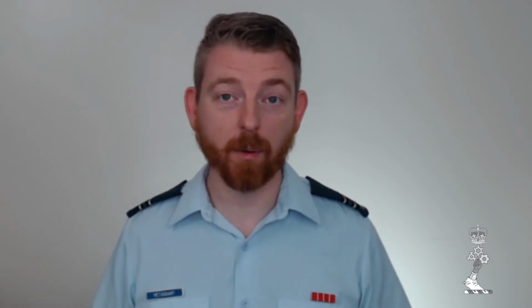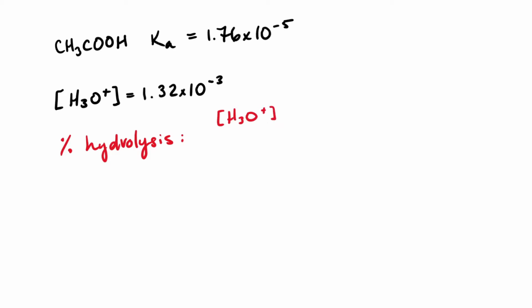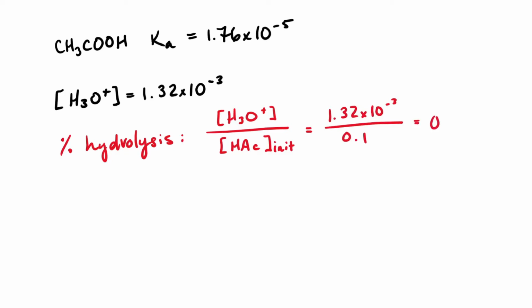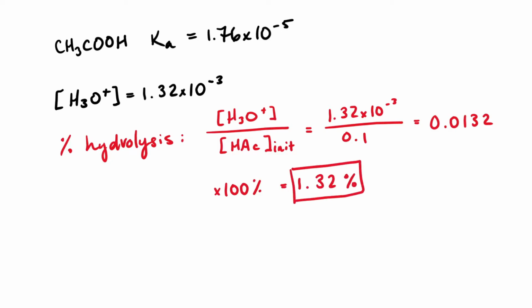So now that we have the concentration of hydronium at equilibrium, we can calculate what percentage of the starting acid was hydrolyzed by water. That's 1.32 times 10 to the negative 3 divided by the concentration of the starting acid, 0.1 molar, times 100% gives us 1.32%.